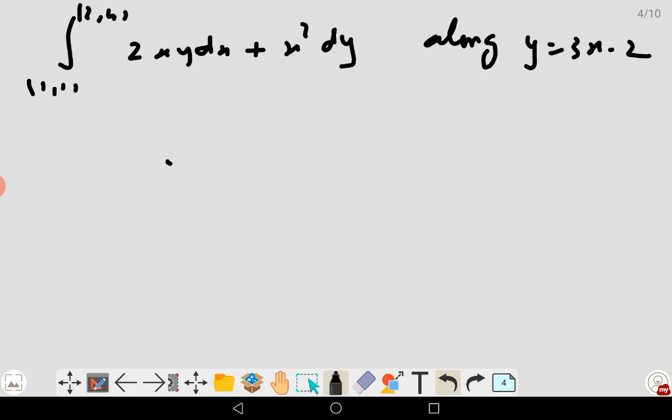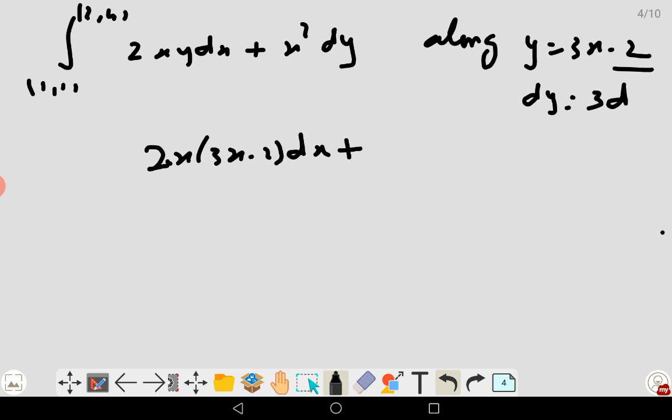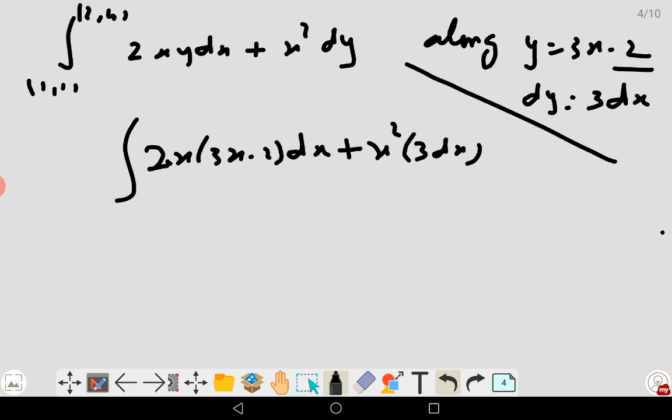Wherever y comes, substitute this: x times (3x minus 2) dx, plus, what is dy here? dy is 3 times dx, so x square into dy is x square times 3 dx. Now everything is in x.